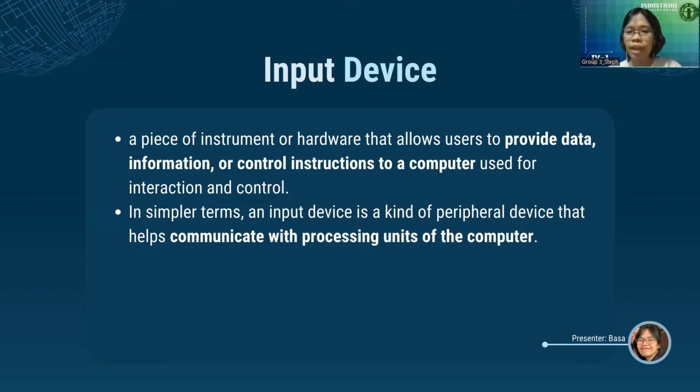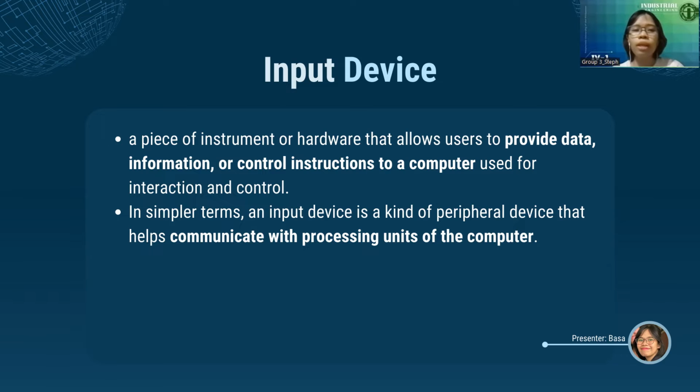So an input device is a piece of instrument or hardware that allows users to provide data, information, or control instructions to a computer, used for interaction and control. However, computers do not understand raw formats. Therefore, input devices convert raw data into the appropriate format or language that can be easily understood by a computer.